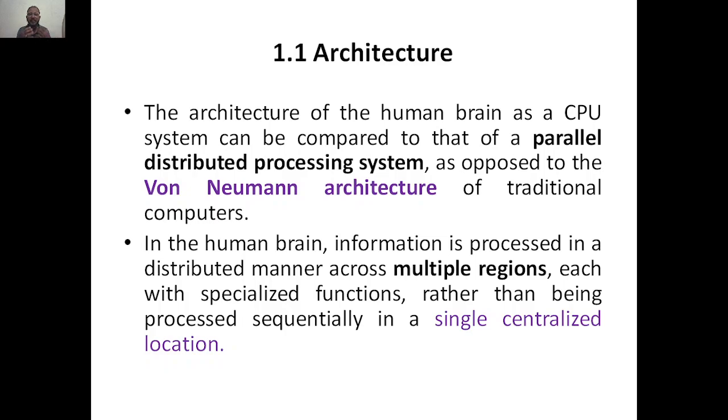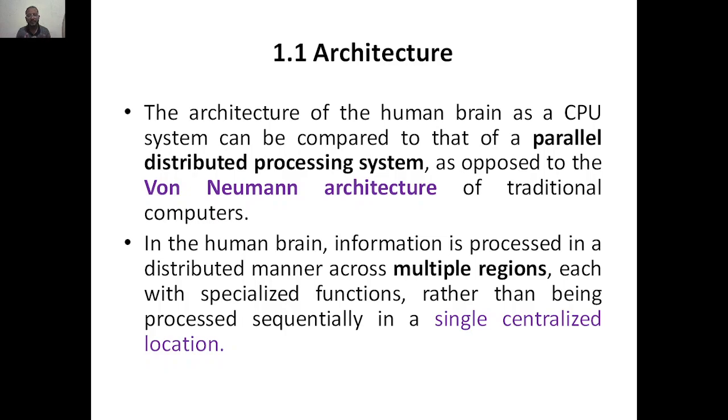So in the brain, information is processed in a distributed manner. Can you see, these are all distributed across multiple regions. Every region has different specialized functions. Understand? That's why I am able to do multitasking when I am explaining. I am taking a very simple example which is in front of you now.